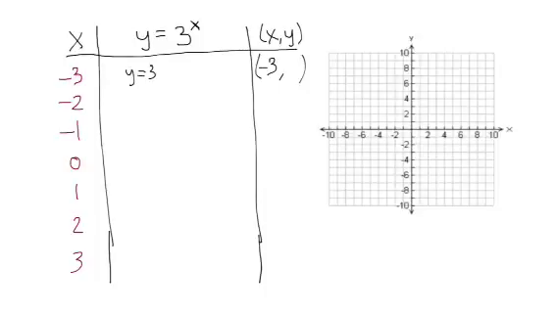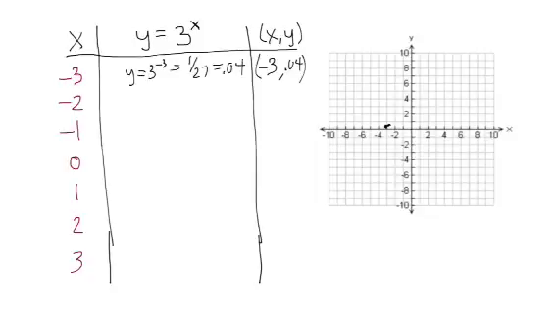Y equals 3 to the negative 3 power, which ends up equaling 1 over 27, and 1 over 27 as a decimal is 0.04. Now I want to graph that spot. So over here to the left and up 0.04, essentially right on the x-axis, really, really close. Like I said, that x-axis is an asymptote in most of these particular drawings.